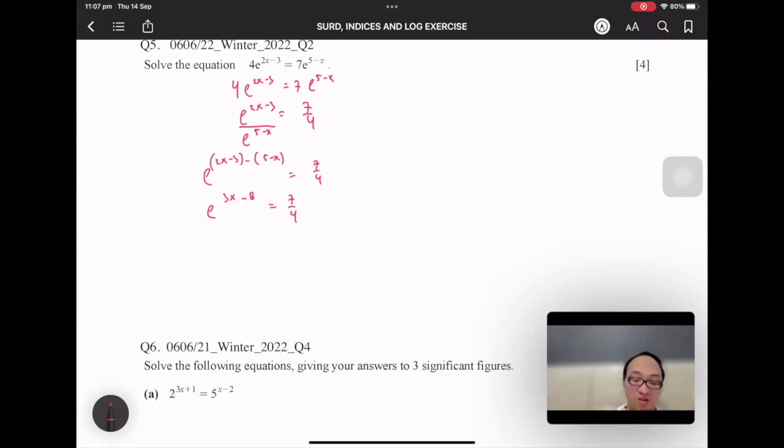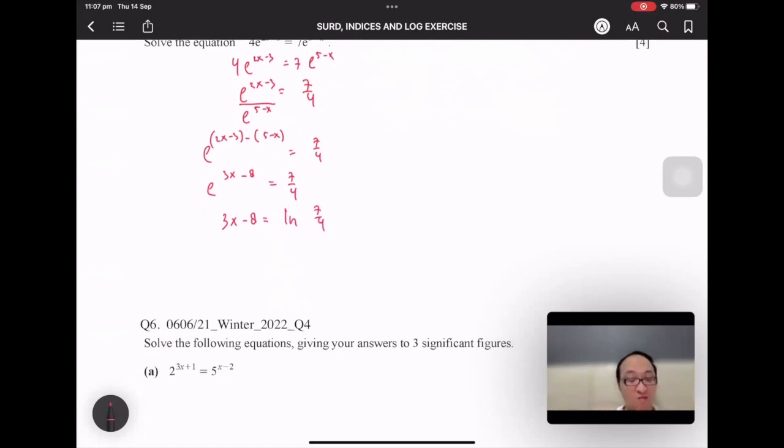So to remove the e, we can use ln 7 over 4. Yeah, to remove e, we have to use ln. So that means 3x minus 8 equals... 3x equals ln 7 over 4 plus 8.